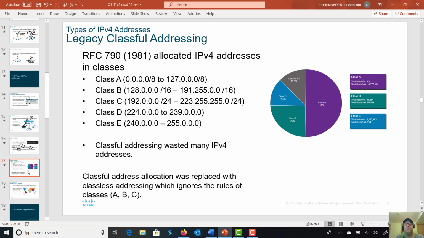We've got some problems with the way it hands out addresses. For one thing, we can't take Class C addresses and give them out to internet service providers and allow them to glob these addresses together in a supernet and use subnet masks that are shorter, which would make their routing tables a lot easier to traverse. So they kind of did away with classful routing a really long time ago.